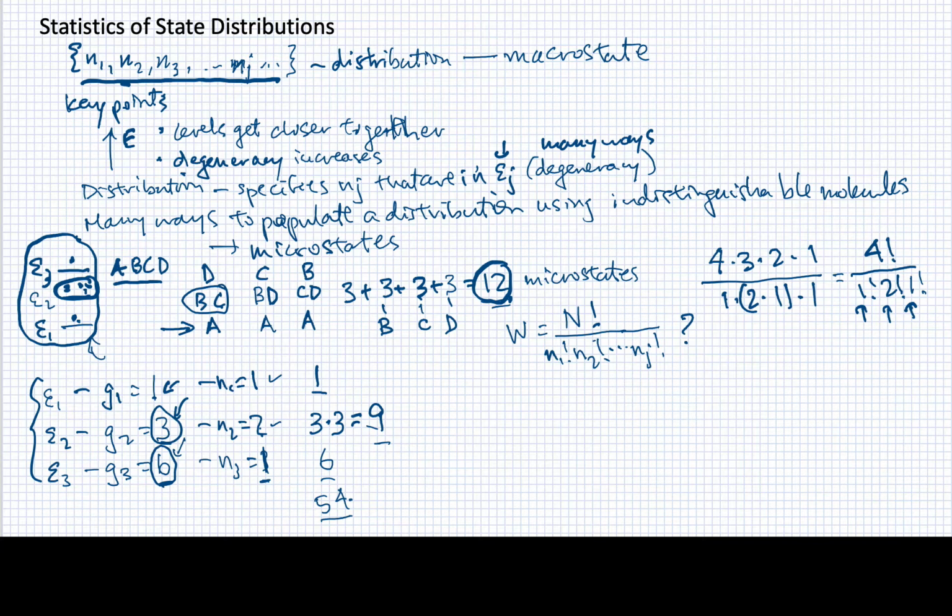And the way that we've overcounted is that, in fact, molecules can't be labeled with A, B, C, and D. In fact, we don't know which one is which, so we have to correct for that overcounting. The simplest way to correct for that overcounting is to say that we're going to divide by n factorial times this formula that we've gradually built up here, and this will cause our distinguishable particles to become indistinguishable.